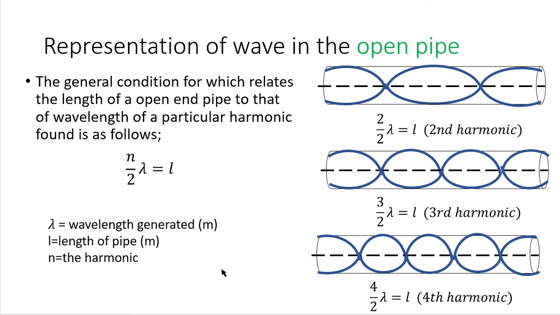So let's have a look. We'll use this relationship, this condition that we found, where the wavelength present of a particular harmonic is proportional to the length of the tube, and we'll use that to derive an expression for the frequency found in an open pipe, and how it relates to the length of the pipe.